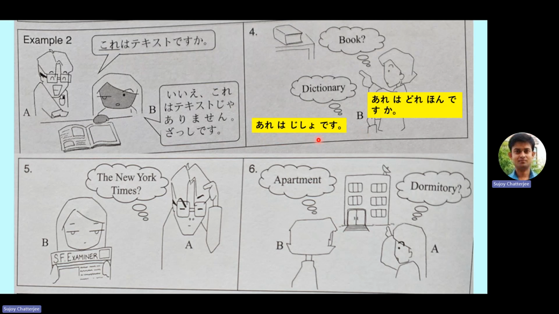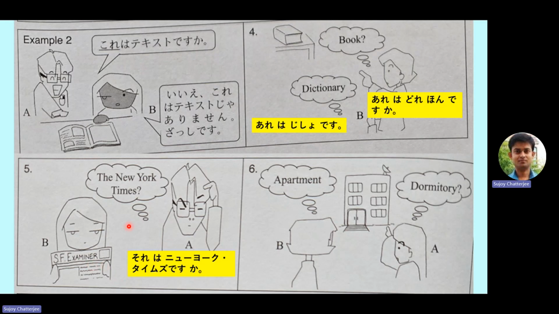The next one, New York Times. Person A is asking if it is the New York Times, but actually she is reading the San Francisco Examiner, which is also a newspaper. So how will A ask this question?